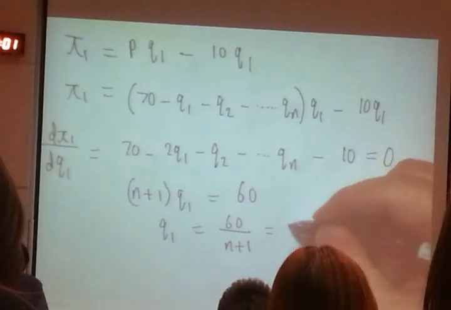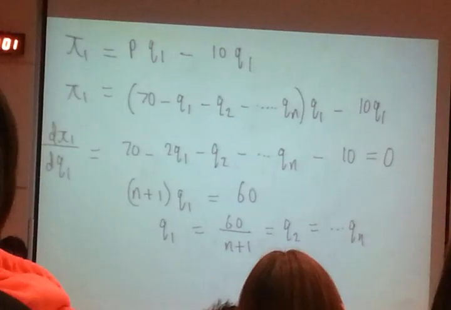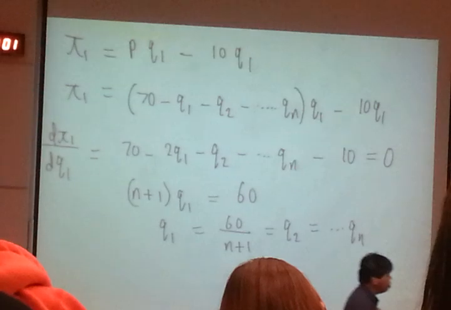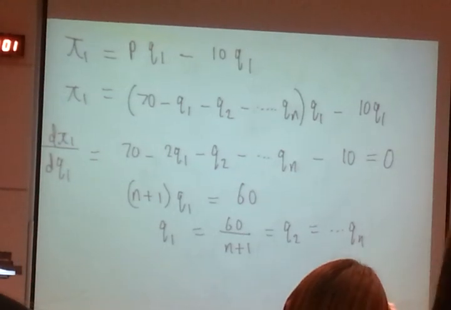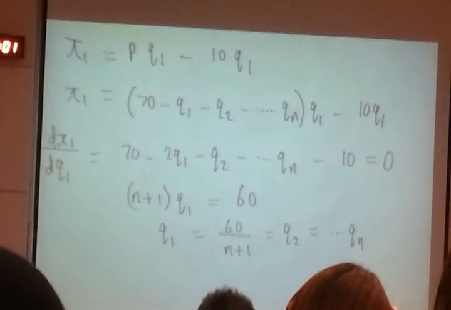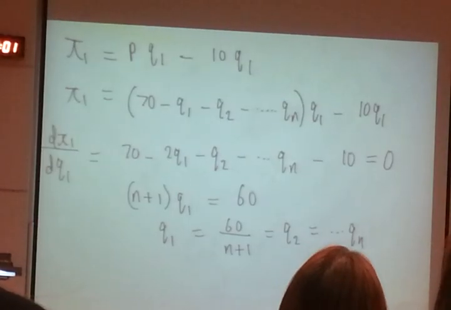That's right. Find one, find all, because we can apply symmetry, right? They have the same parameters. So if you apply symmetry, then you don't need that many equations to solve for the parameters. You can rewrite all these as Q1, Q1, Q1, Q1. So you solve for Q1, that's it. You find one, you find all.